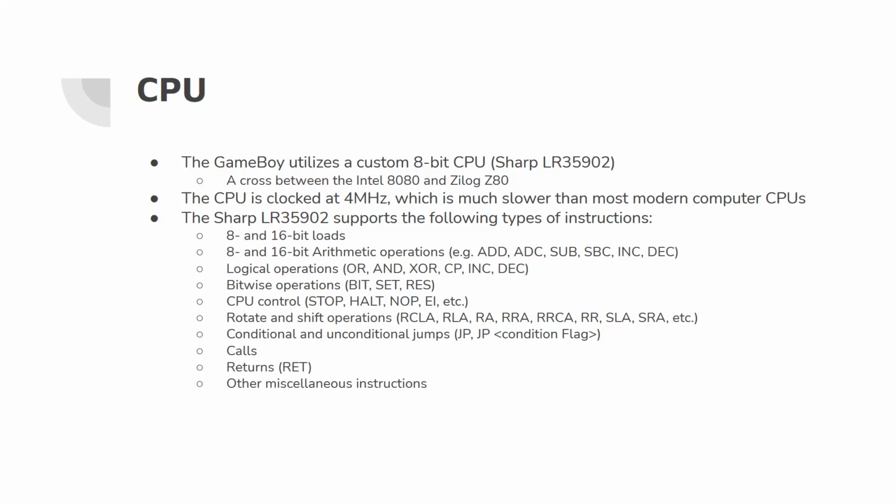So if you're comparing two numbers and seeing if they're equal, then that would affect the Z flag. So you would do JPZ, and that would tell your CPU that, hey, I'm interested in jumping only when that zero flag is set. Then there's calls and returns. So that's for calling different functions. And then there's other miscellaneous instructions.